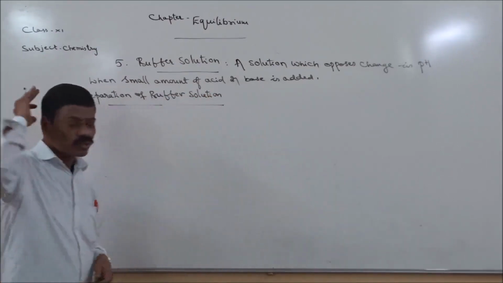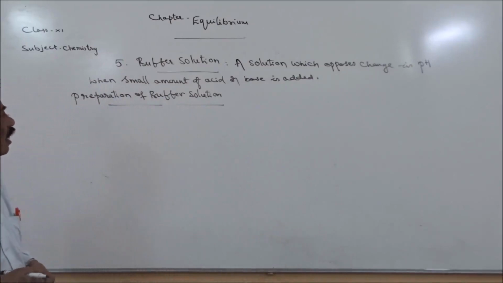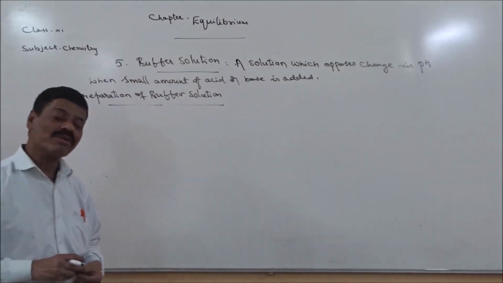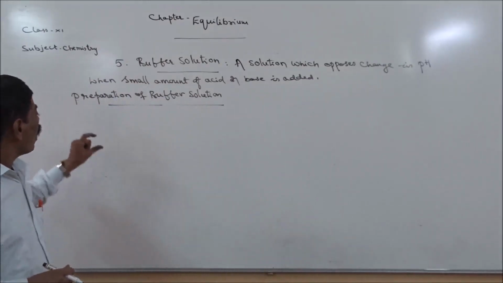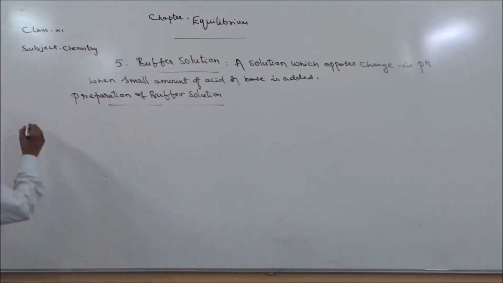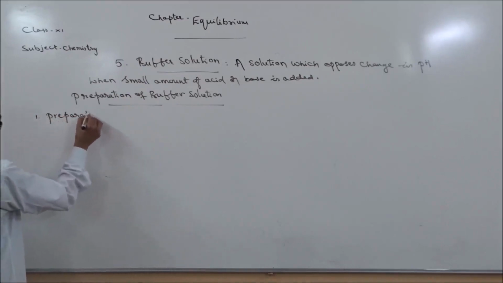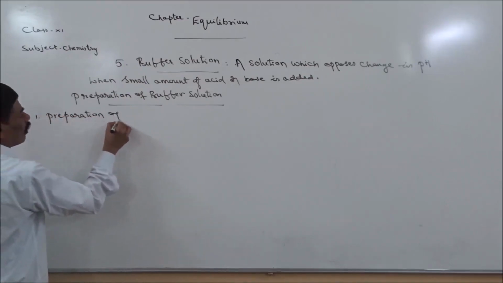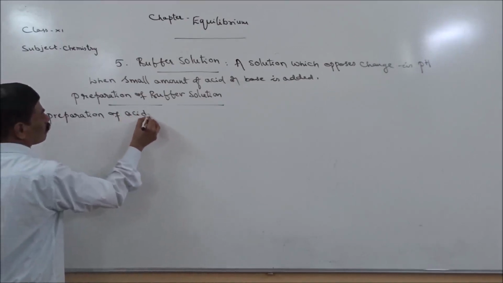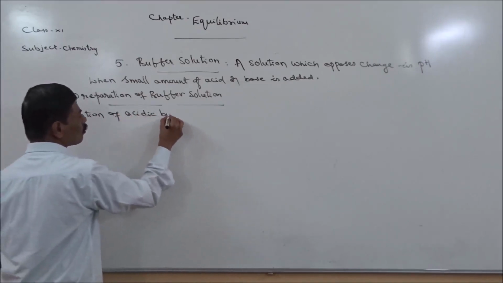In this we have two types, acidic buffer solution and alkaline buffer solution. So, accordingly we will see one by one. First one is preparation of acidic buffer solution.